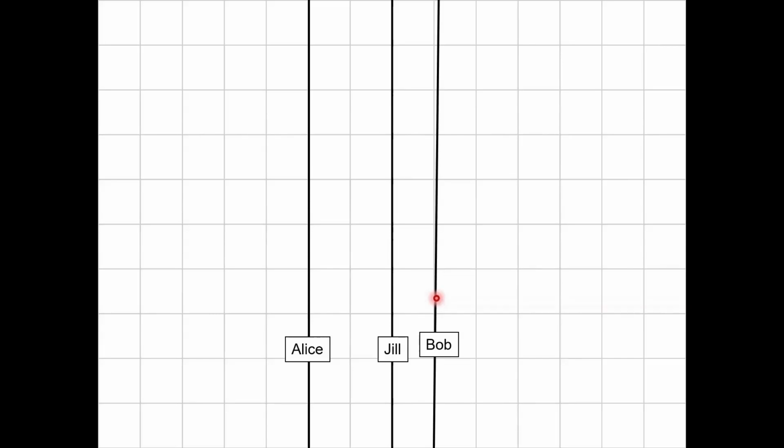So about 10,000 times faster than a fighter jet, which is about 2,000 kilometers per hour. And that is probably one of the fastest things that we see in our day-to-day life. So even this small change in the angle between Bob, Jill, and Alice is not realistic for our day-to-day life.